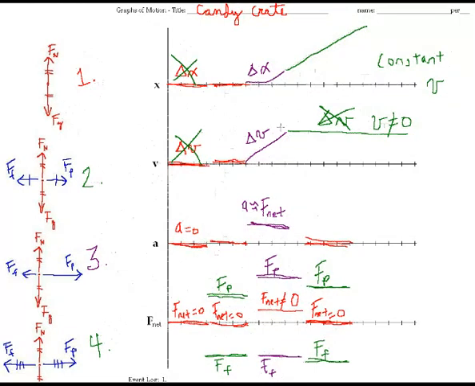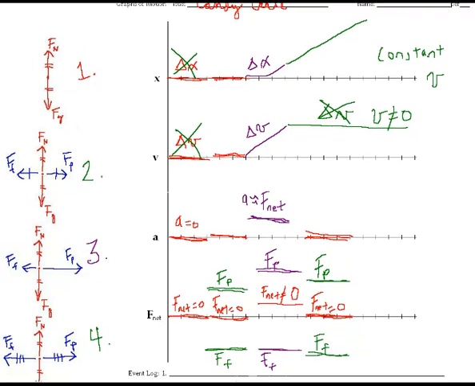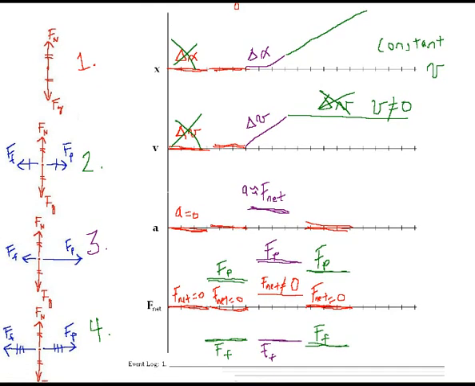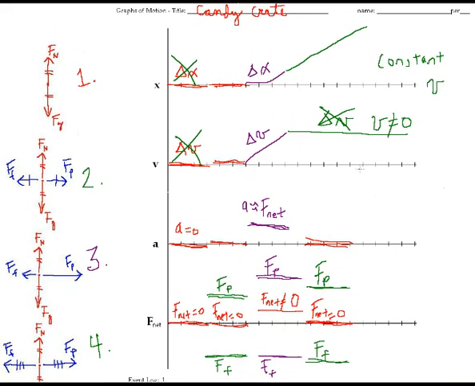Our velocity changes, our position begins to get farther and farther, and then we equal out our forces so that our acceleration actually is 0, which simply means that we stay at the same velocity as before. And the straight line here says that we stay at the same velocity as before. And that is the force diagrams and the XVA graphs for the Candy Crate.